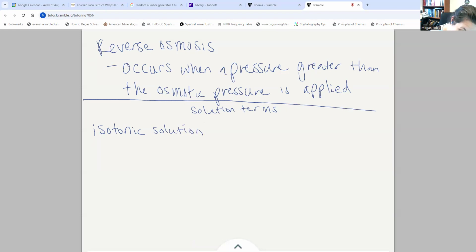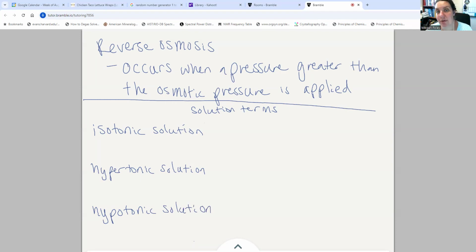We have a hypertonic solution. And we have a hypotonic solution. Again, most people probably already know these terms. These are definitely biology terms. And most everyone in this class is a biology major. So isotonic means it has the same osmotic pressure as a red blood cell.